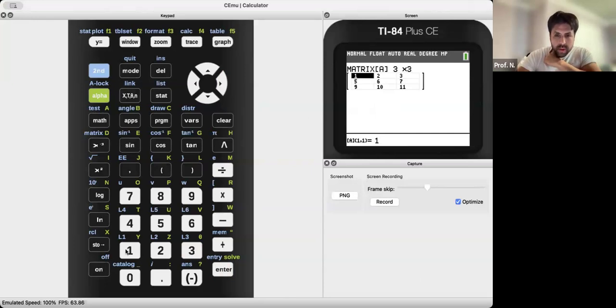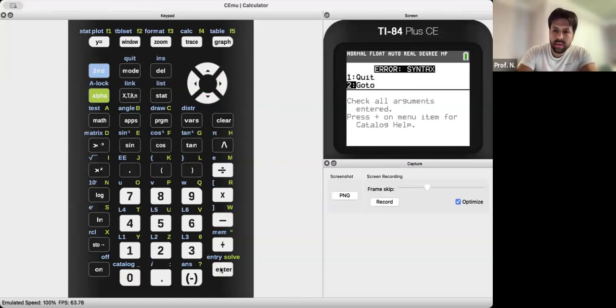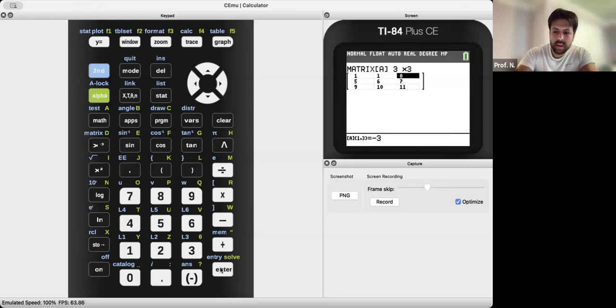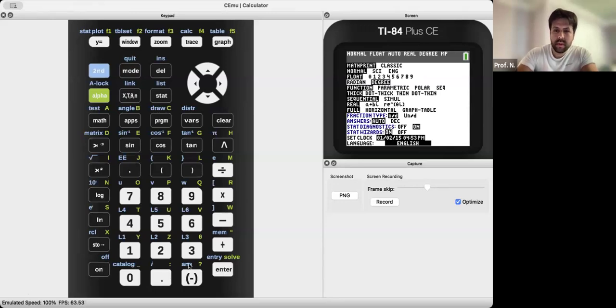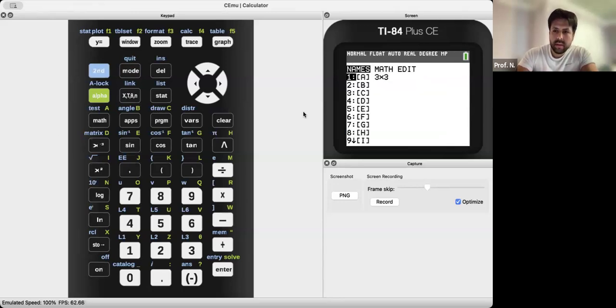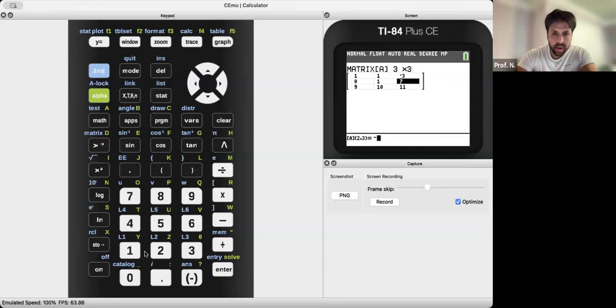And the matrix I have is 1, 1, 1, -3, then you have 0, 1, -1, then you have 2, 1, 2. Good.